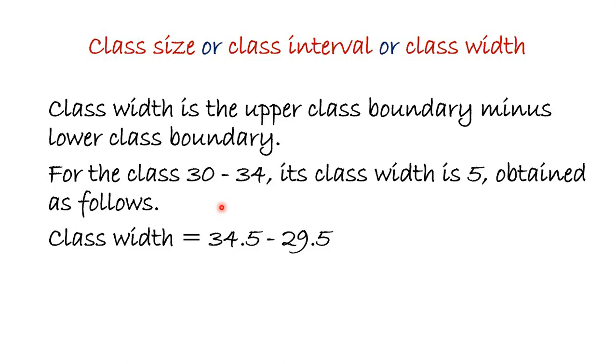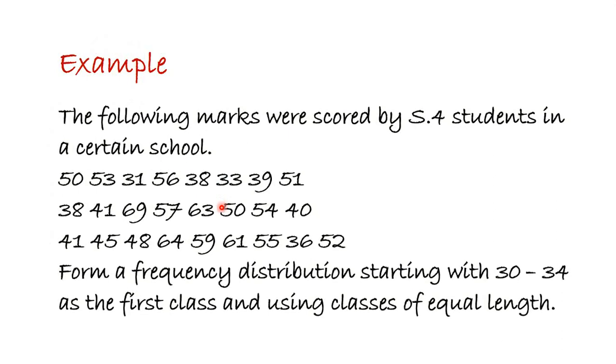Let's also look at an example here. So we have this question. The following marks were scored by senior 4 students in a certain school. So these are the marks. Then I say, form a frequency distribution starting with 30 to 34.